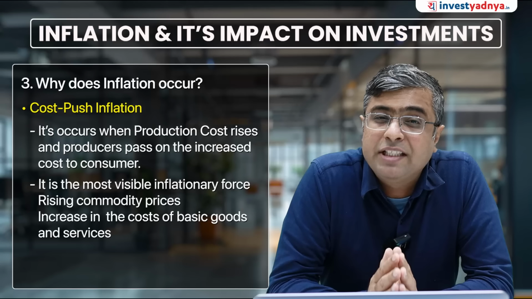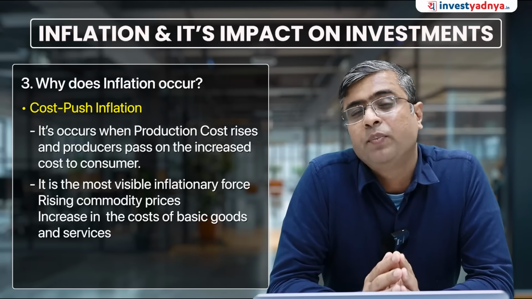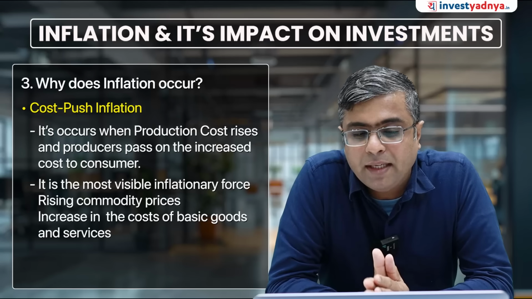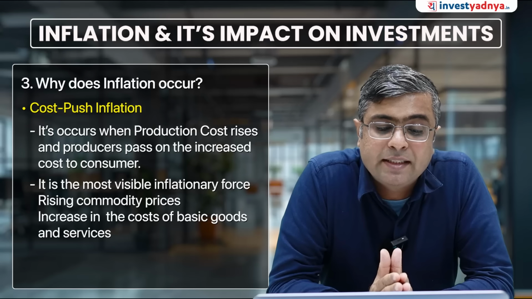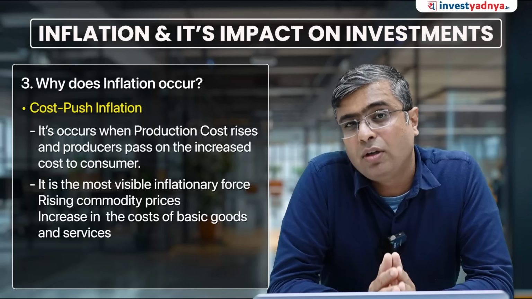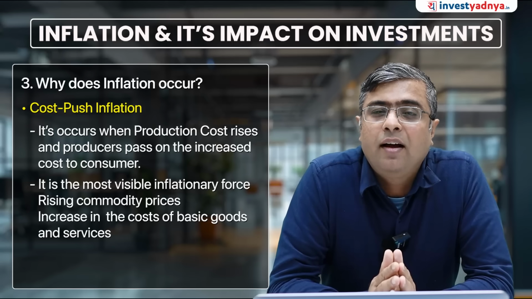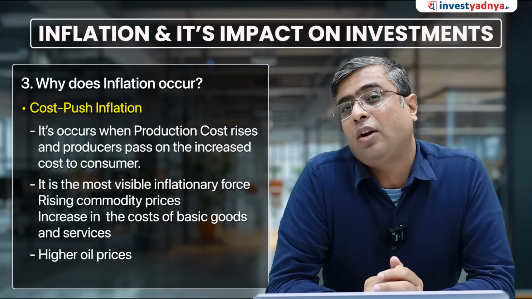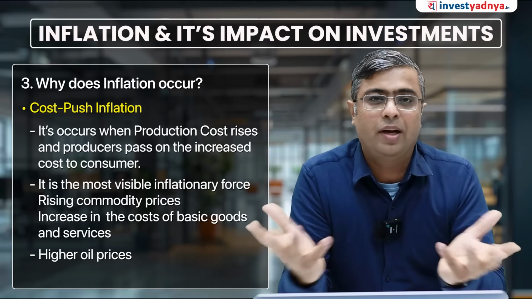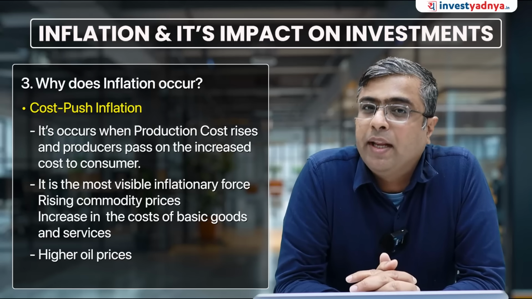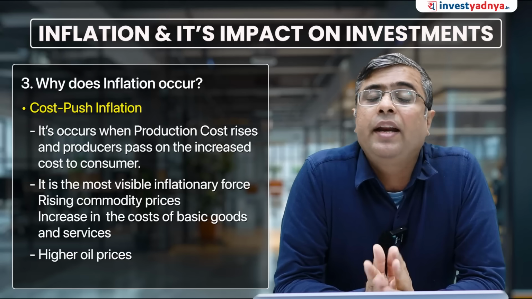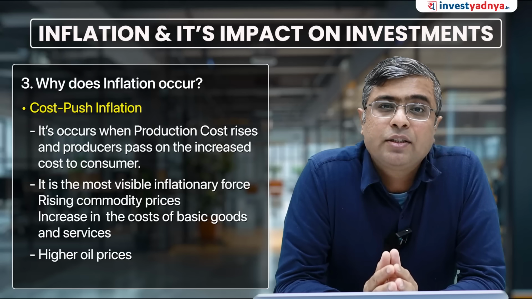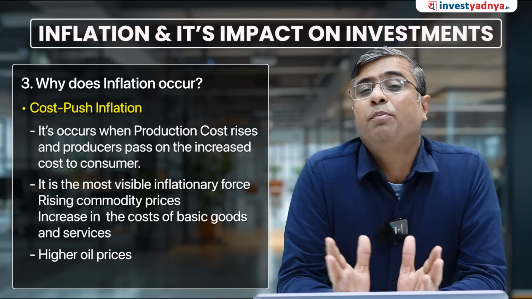It is the most visible inflationary force. Majorly, rising commodity prices result in an increase in the cost of basic goods and services. One more example is higher oil prices. India is a net oil importing country.